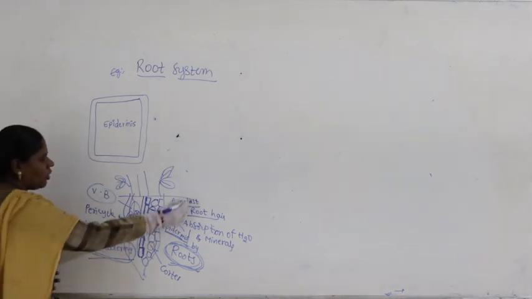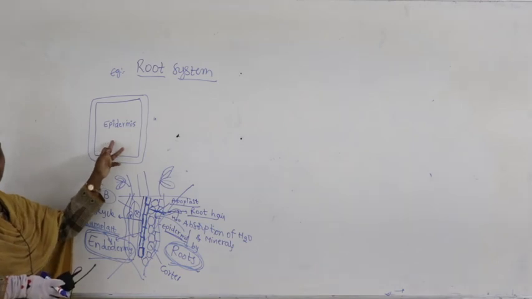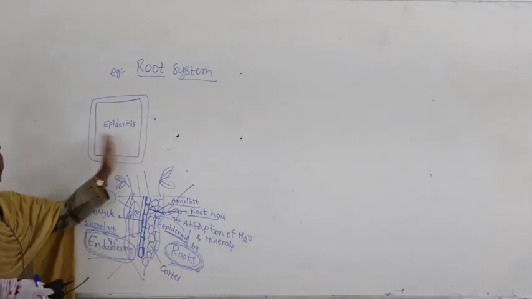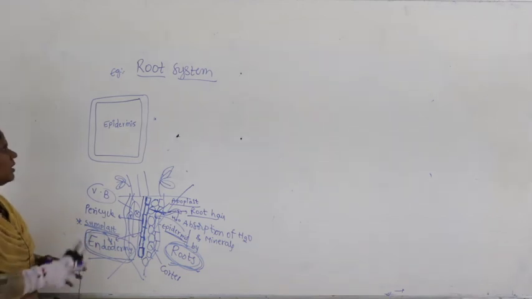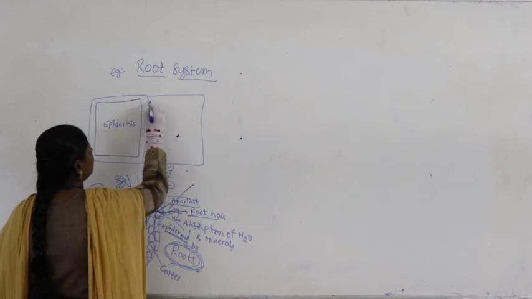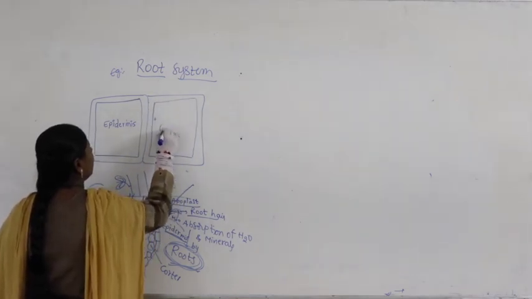Now you are taking the cross section of this. When you take the cross section, the first layer of cells is called epidermis. Same thing I am drawing here. After epidermis, you find another cell layer called cortex.